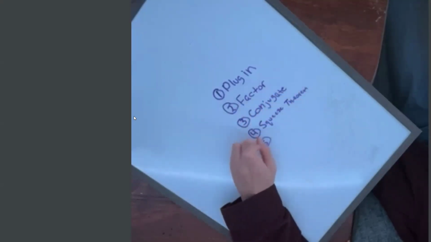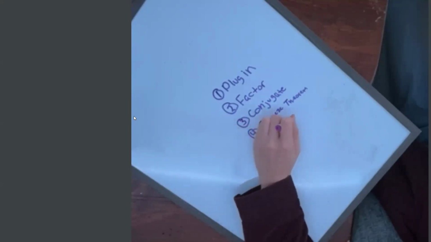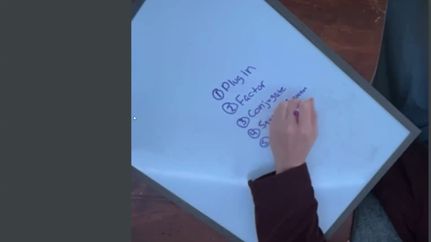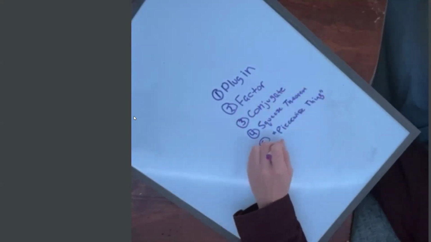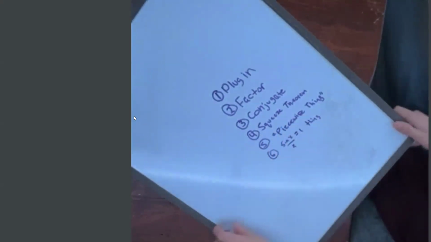Fifth thing is the piecewise thing. I'll just say that for now. And there's really six, the sine x over x thing.